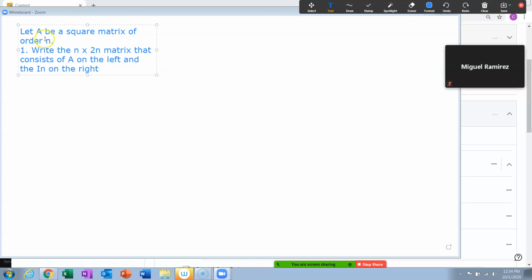Now, I don't usually phrase it this way, but that's how the book does. So the n rows are still the same n rows you had before with A, but now you're going to augment that with the n rows of I sub n on the right, so that gives you n rows, 2n columns.